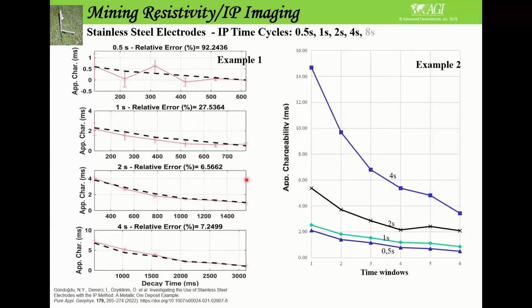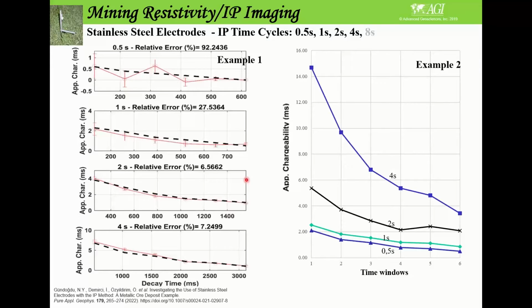So I will start with this. Can I use these stainless steel electrodes for resistivity IP investigations? I believe most people disagree with this, and they think of the polarization effect on the metallic structure.